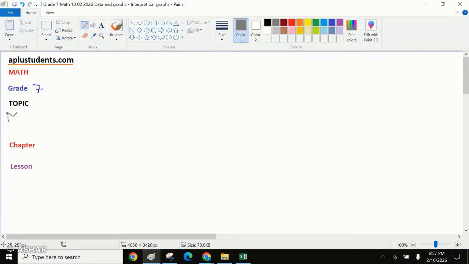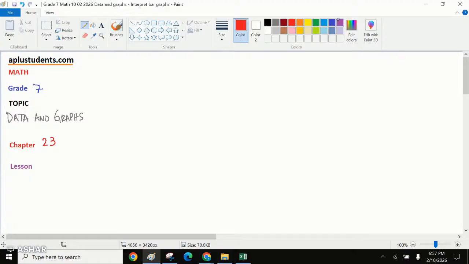The topic is data and graph. I'll give you the chapter number and the lesson number. The chapter number is 23 and the lesson number is 6.